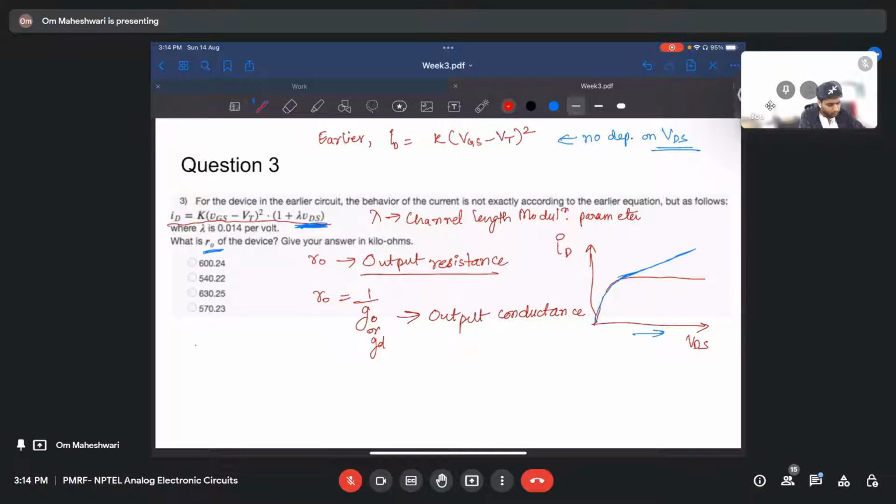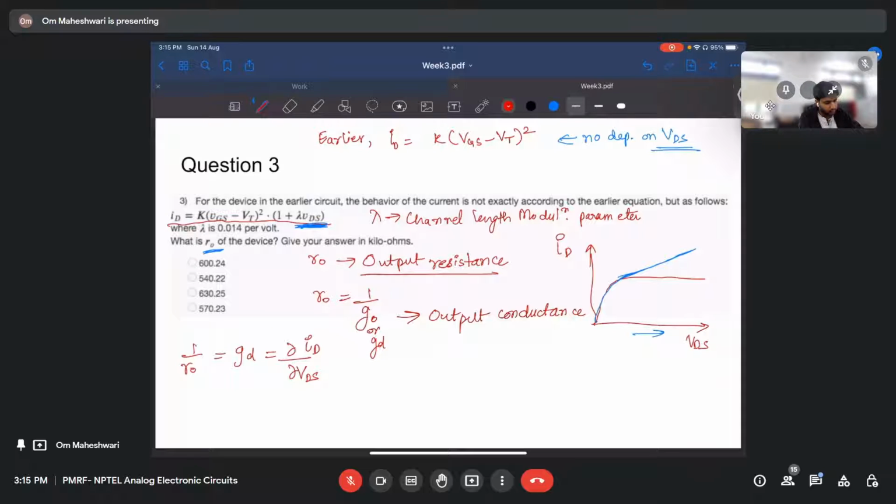So we can say 1 by R naught equals GD equals del ID by del VDS. It is the change in output current due to change in output voltage. That is why it is output conductance.